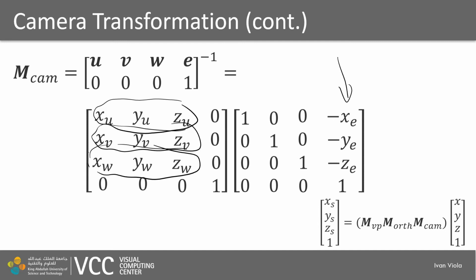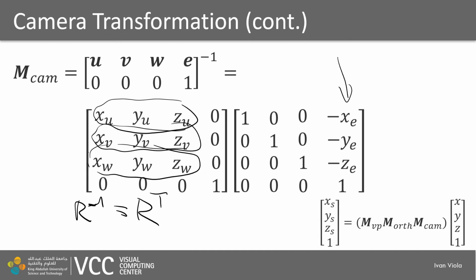So here you can see that this is the rotational matrix and its inverse. And as it is the inverse, it is also the transpose of the rotational matrix.